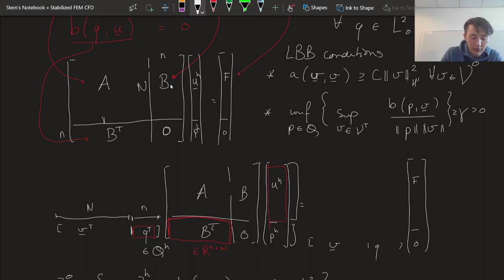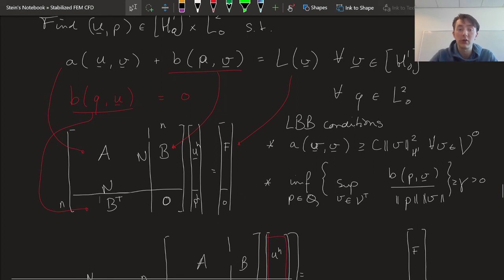Similarly, that this edge is smaller than that edge, and that B is full rank. And given those two conditions, this saddle point matrix permits a unique solution for U and for P. So that's the linear algebra representation or understanding of the Inf-sup condition.